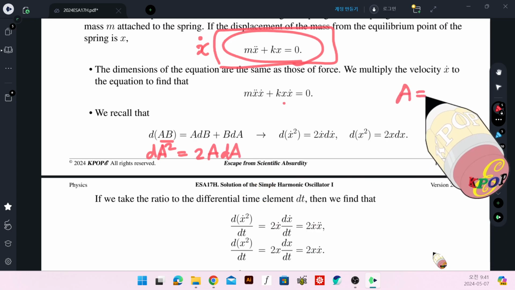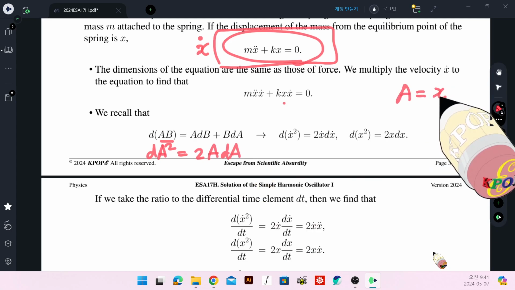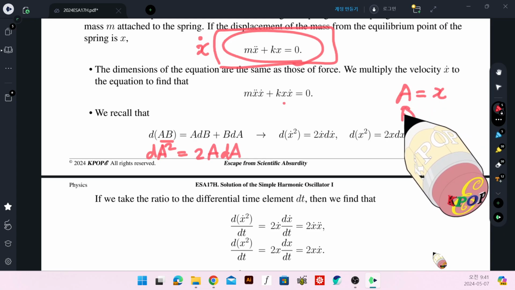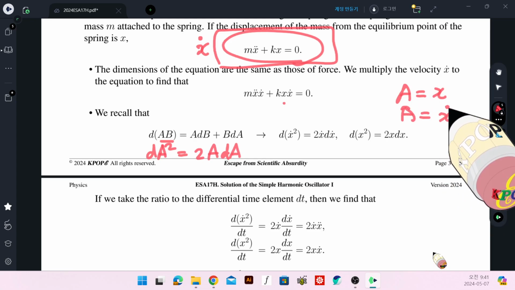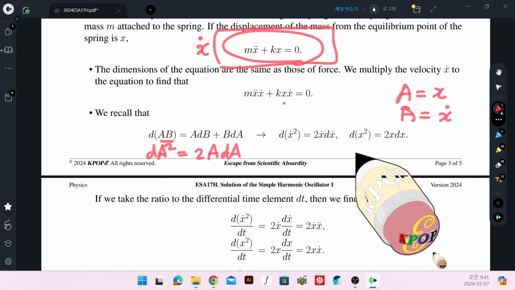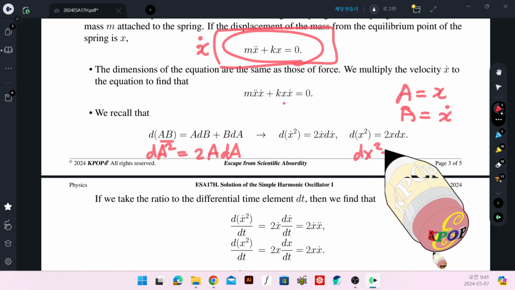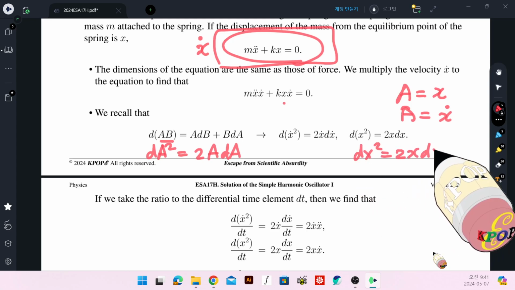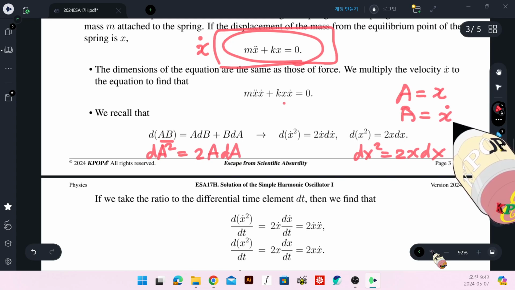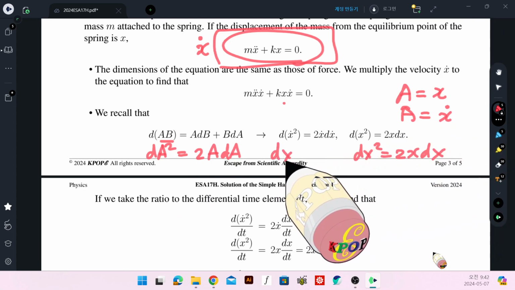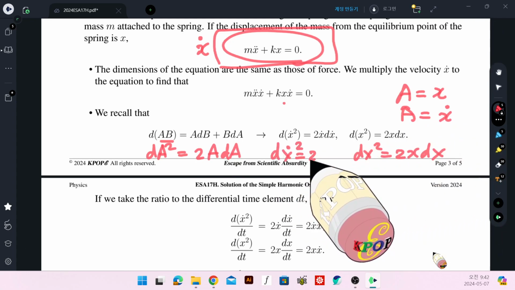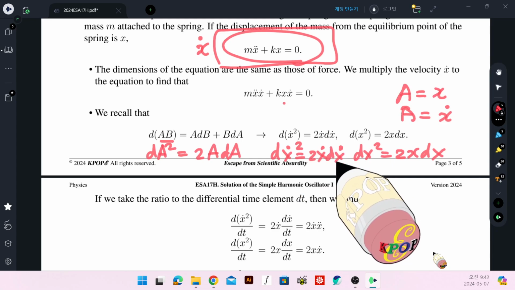If we substitute x for A, then we find that dx squared is 2x dx. If I substitute x dot for A, it is d x dot squared is 2 x dot d x dot.